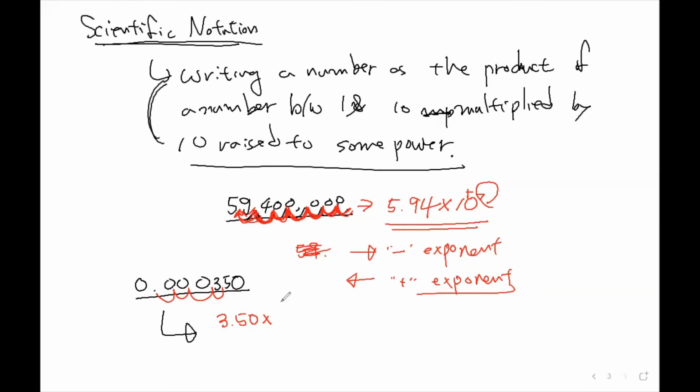times, and what should we do? We should indicate the power of 10 needed for the move. We moved to the right this way, so negative.